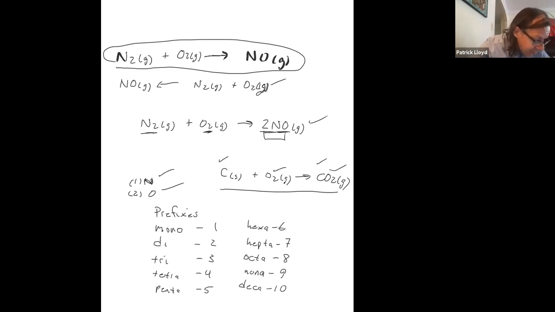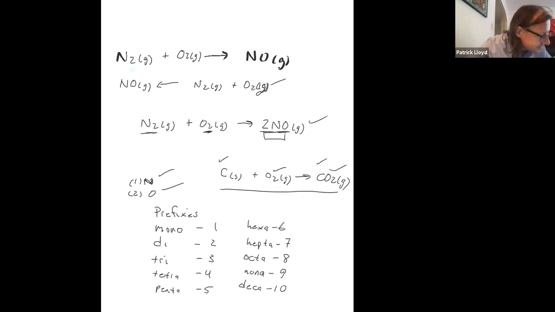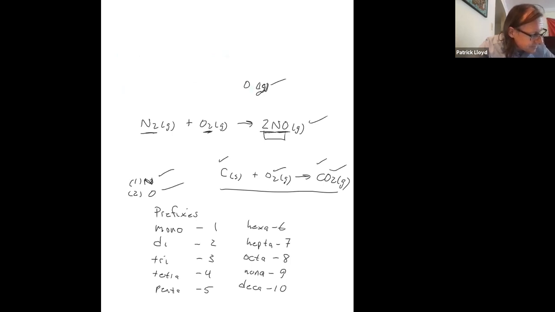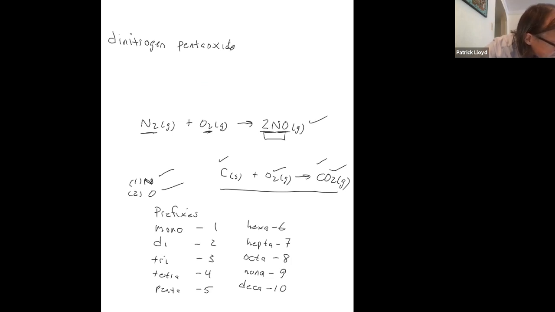So for example, let me just erase this. If you had something like dinitrogen pentaoxide, sometimes people will drop off the first vowel, so it might just be called pentoxide.